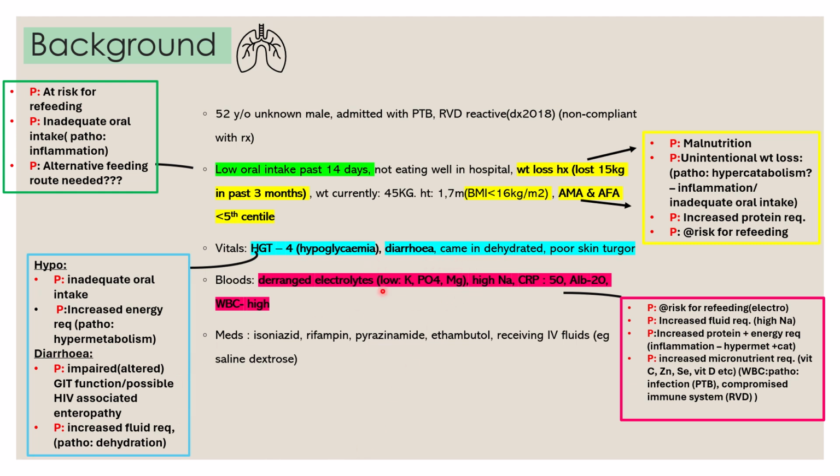There's an altered gut function, possibly due to HIV-associated enteropathy. Things like that you can include. So any problem that comes to mind related to your signs that you have seen in your case study, you jot that down on the side of the page or near it, just to help you think through all of the best statements that you would want to include.